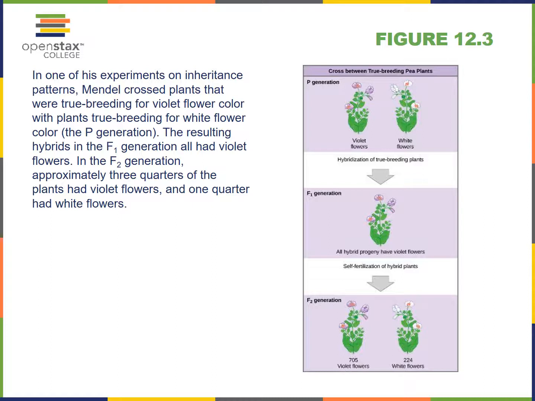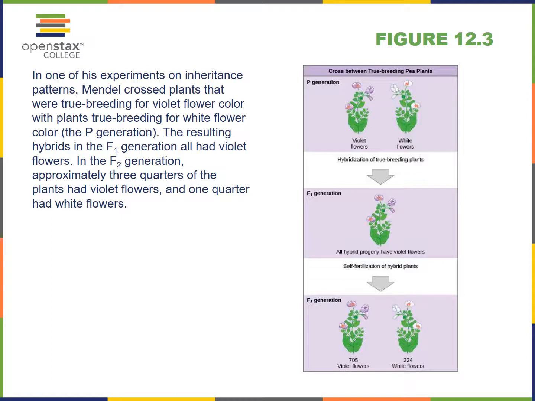So these plants that he's breeding, those are called the P or parental generation. And he's crossing these true breeding plants, the inbred homozygotes.